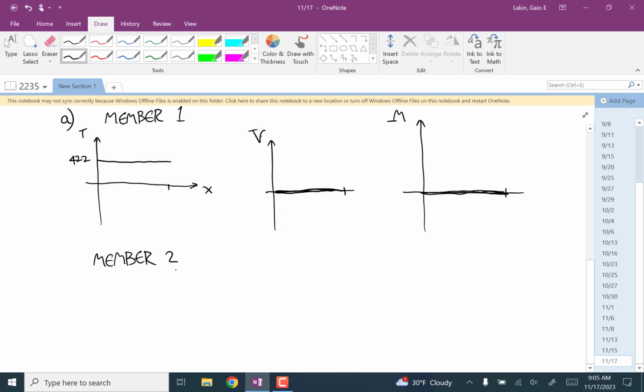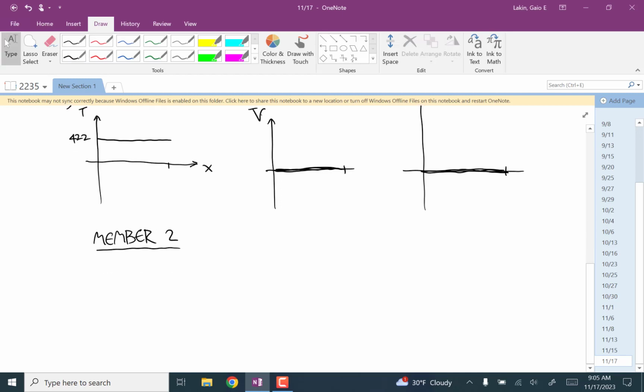And for the second member, the one on the right, we had internal tension of 1577.